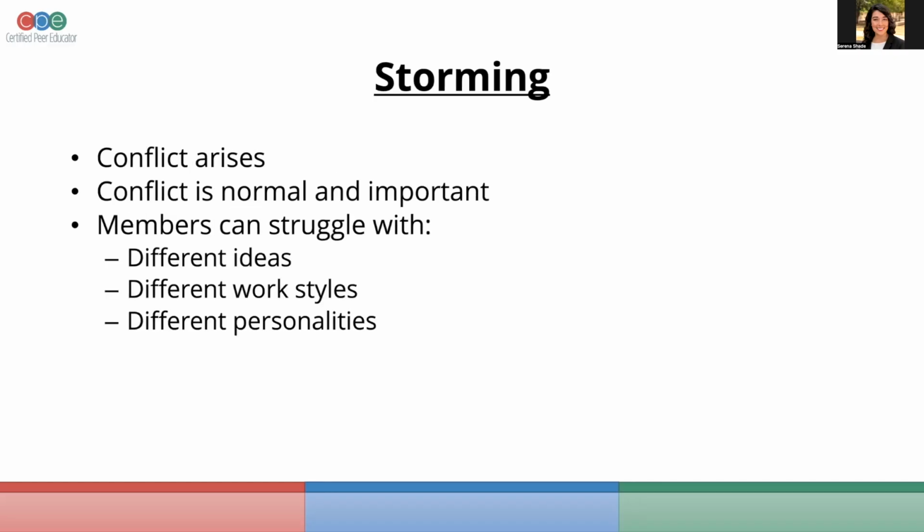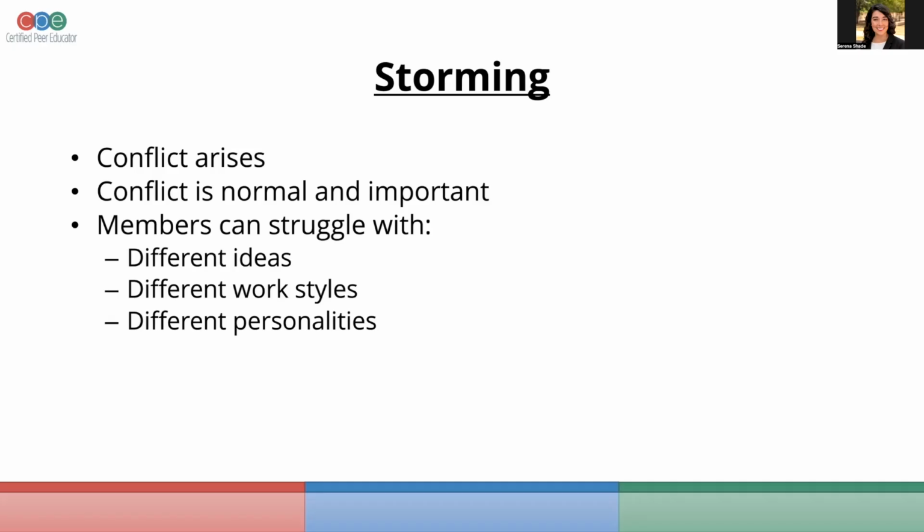We have storming, and as the name says, the formation stage ends and conflict may begin. The storming stage is characterized by conflict. Conflict is a normal part of groups, even amongst our program managers and our full-time staff. We sometimes have different ideas, different working styles, and we have to talk through some of these conflicting ideas.